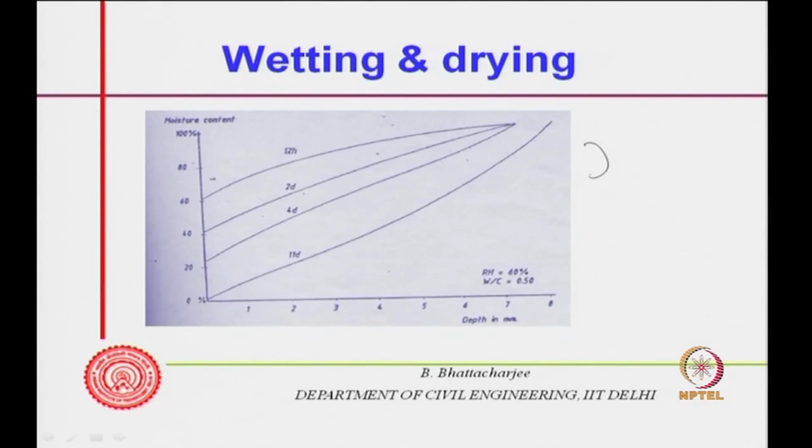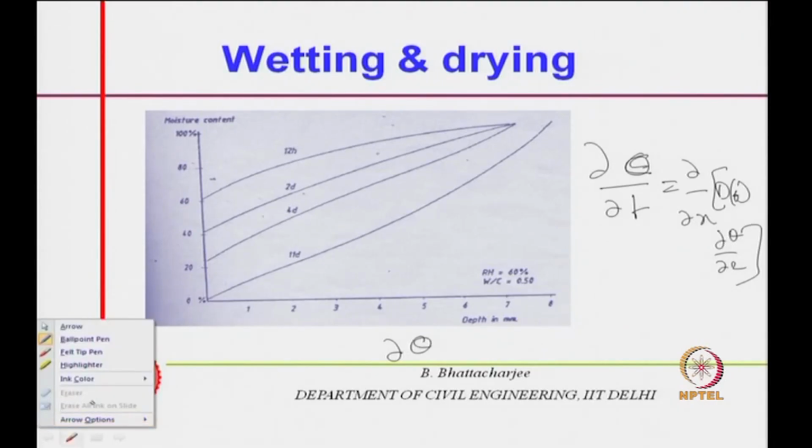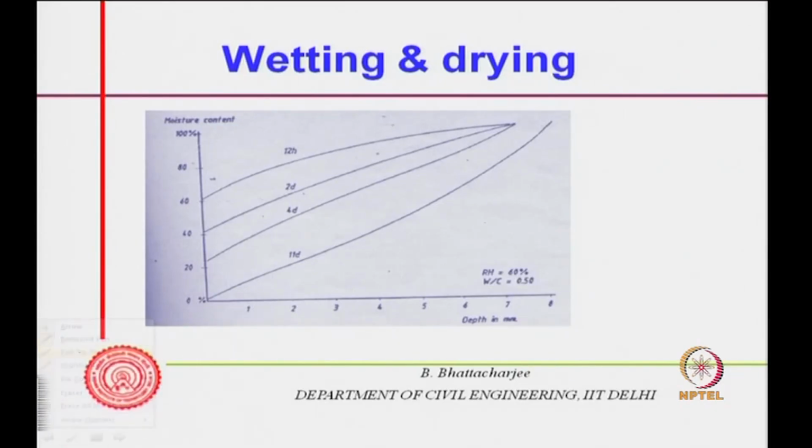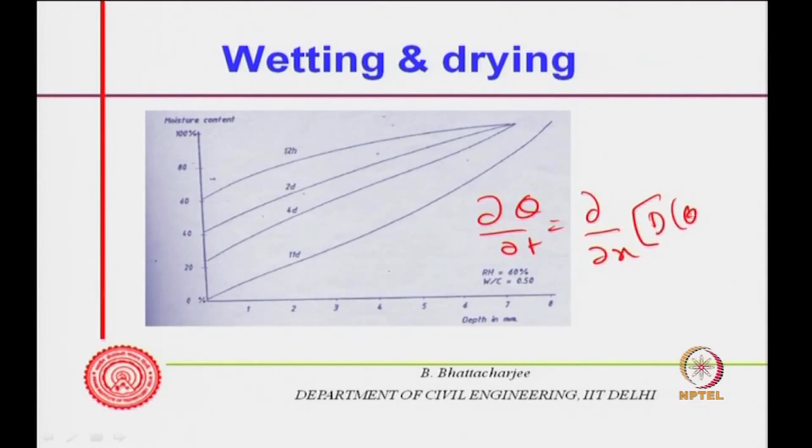Let me write it clearly. It can be written like this: del theta by del t, where theta is relative moisture content, equals del by del x of D, which is a function of theta, into del theta by del x. This is the Richards equation, and through this you can solve and find out the moisture profile.